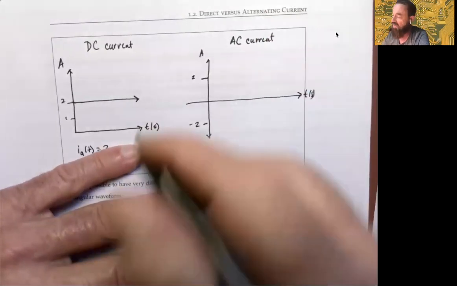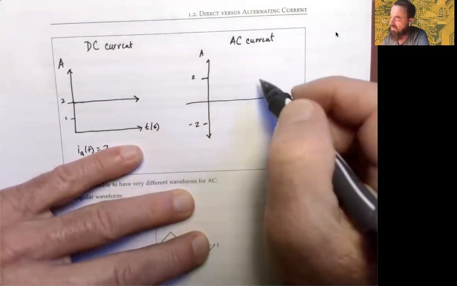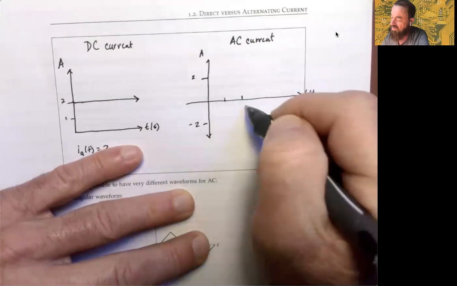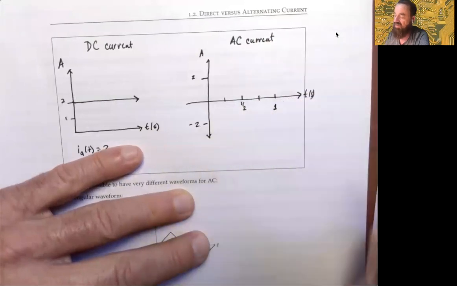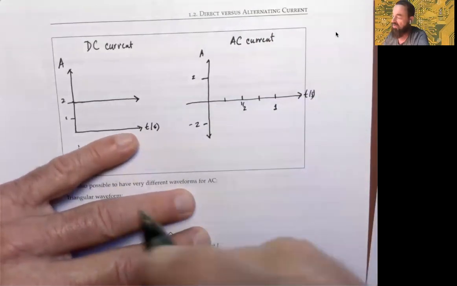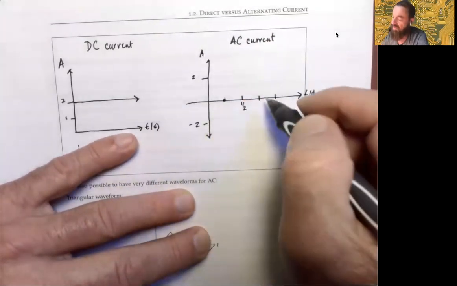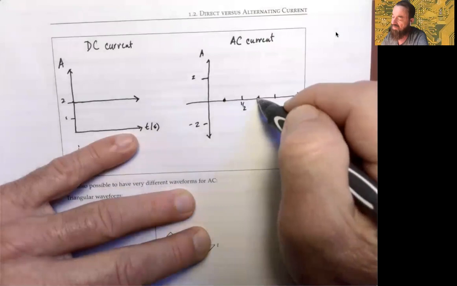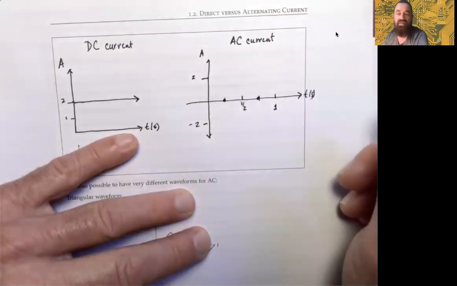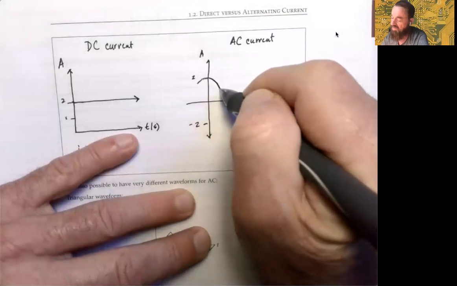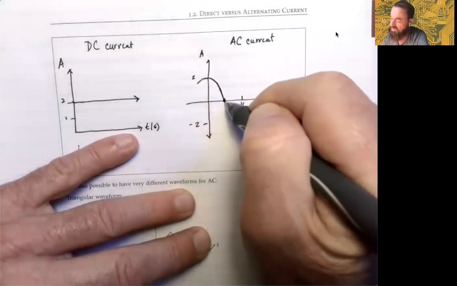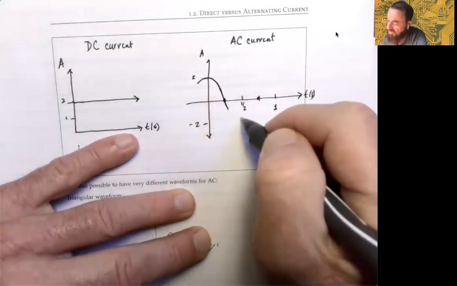Maybe we'll indicate that this is a half second, and this is a full second in time. What we'll illustrate here is that we will have inflections through the x-axis, or the horizontal axis, in this way, so that maybe the current is positive and then drops negative, and drops to the same value.